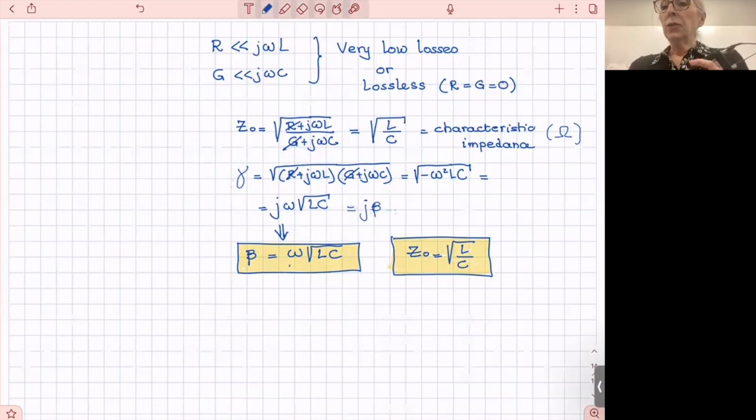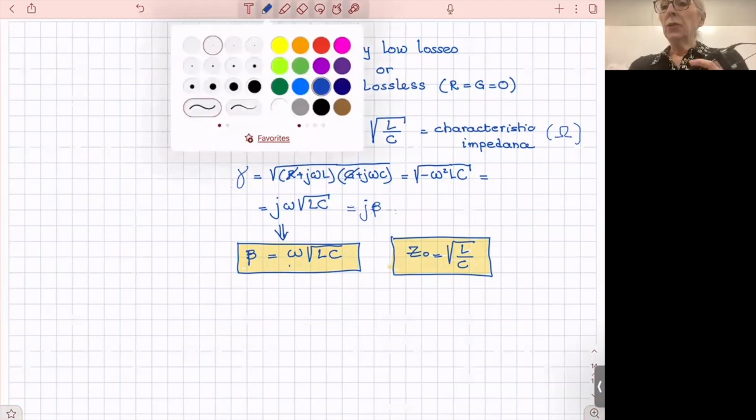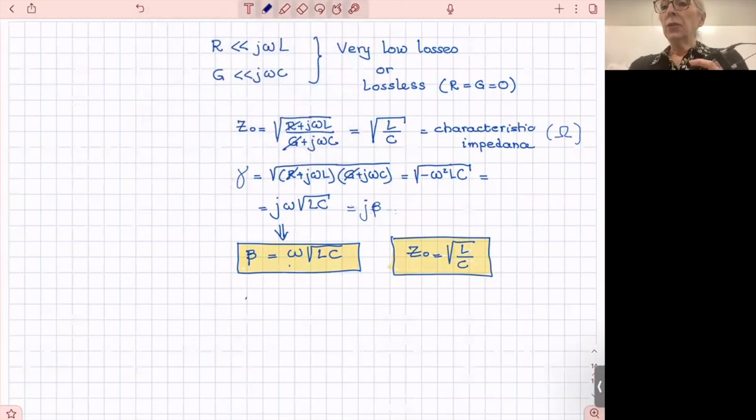This is either plus or minus, but we'll use the plus here, J beta, where beta now is called the propagation constant, not complex, the propagation constant. And Z naught is called the characteristic impedance. That's what happens when you have no losses.